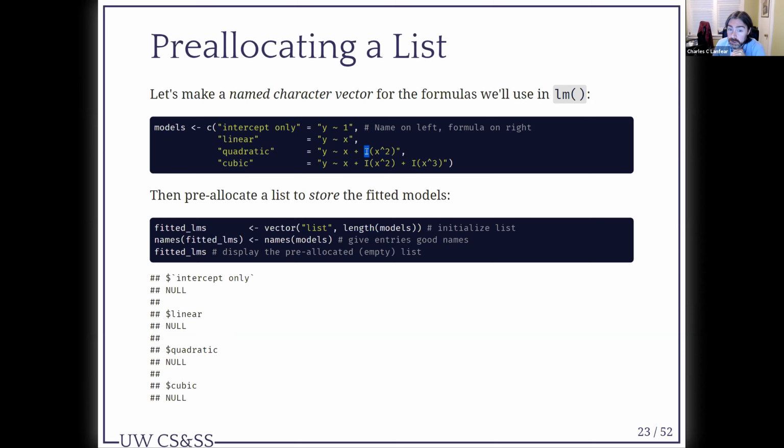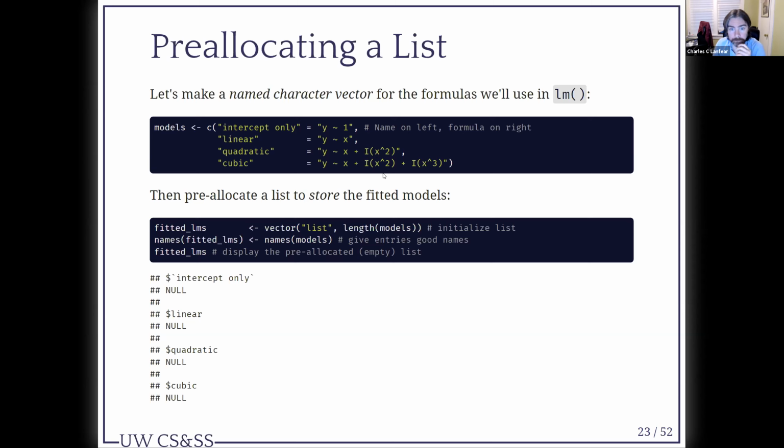So basically, don't worry too much about what it is. Just know you can specify mathematical formulae in here. This is basically saying I want to square x before it goes into the model. I is basically saying perform that operation ahead of time. I is a really weird R function.